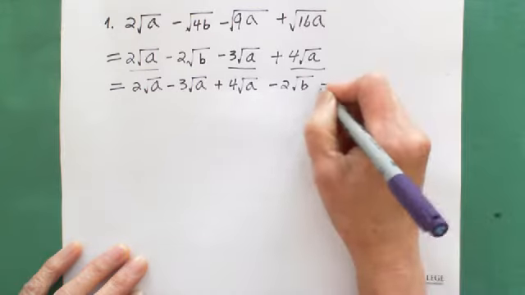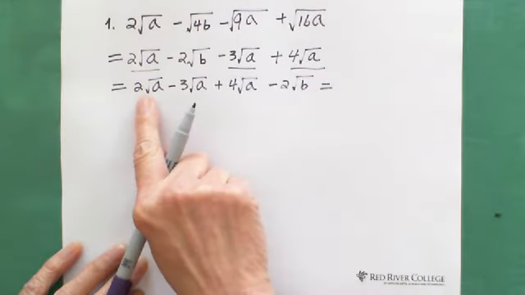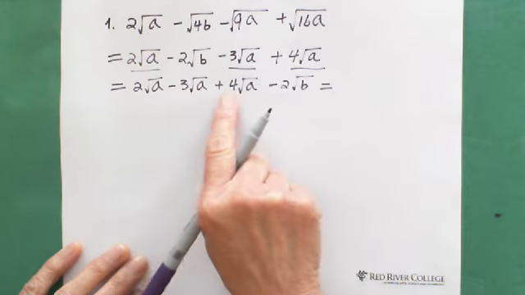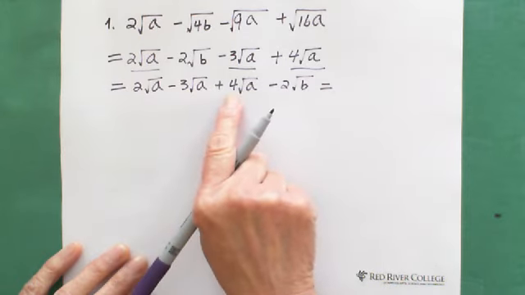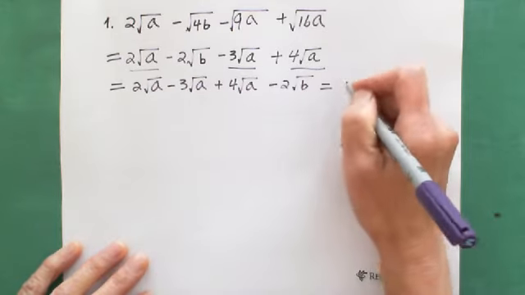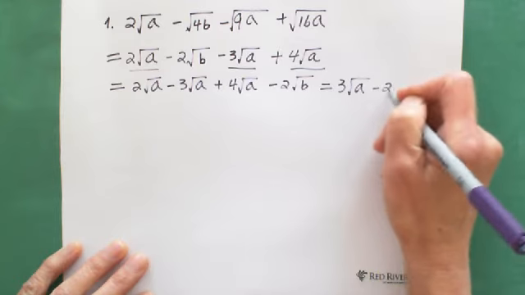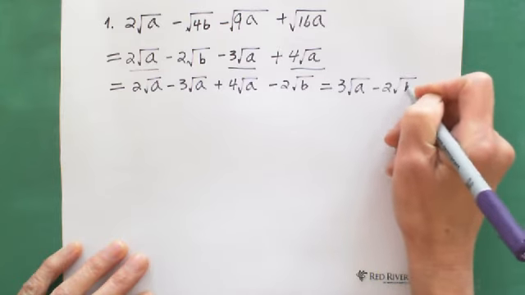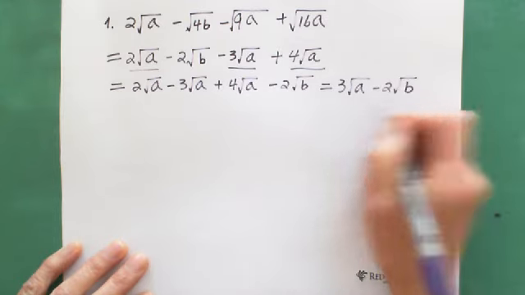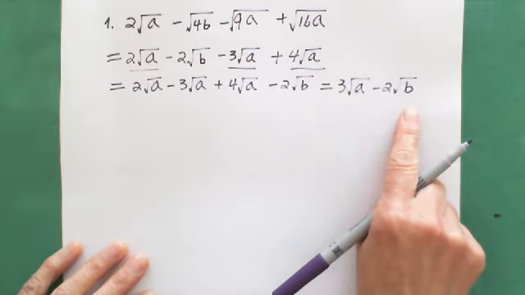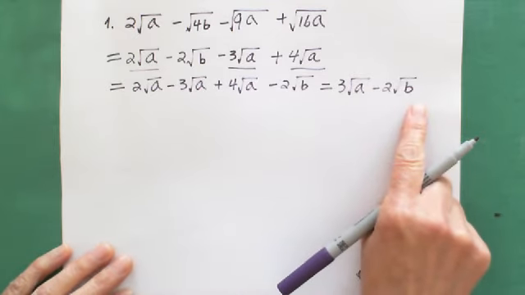We get 2 minus 3 is negative 1, then plus 4 is 3. So it's 3 square root a minus 2 square root b. Because these two are not similar radicals, we just leave it this way. We cannot combine them.